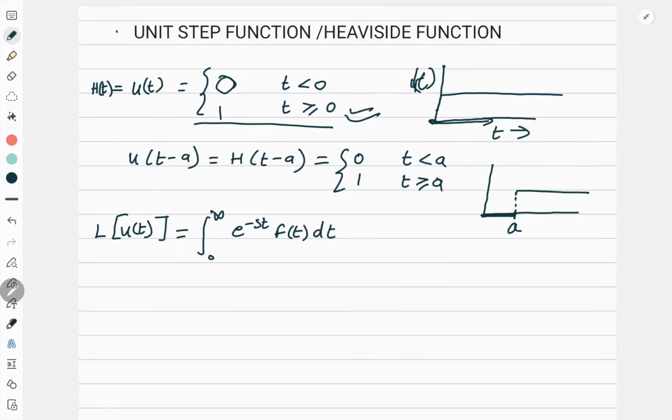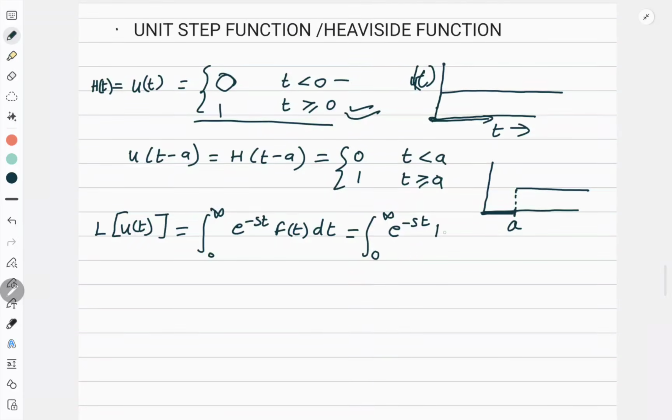Below 0 I am not talking at all, so there is no need to consider this part. So the integral from 0 to infinity of e to the power minus st, and the value of f(t) is 1. Now when you integrate, it is e to the power minus st upon minus s with limits 0 to infinity.